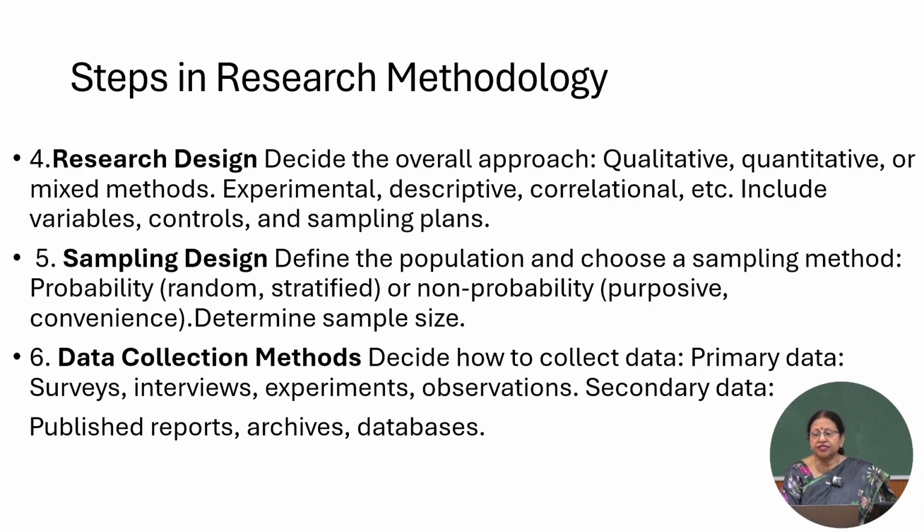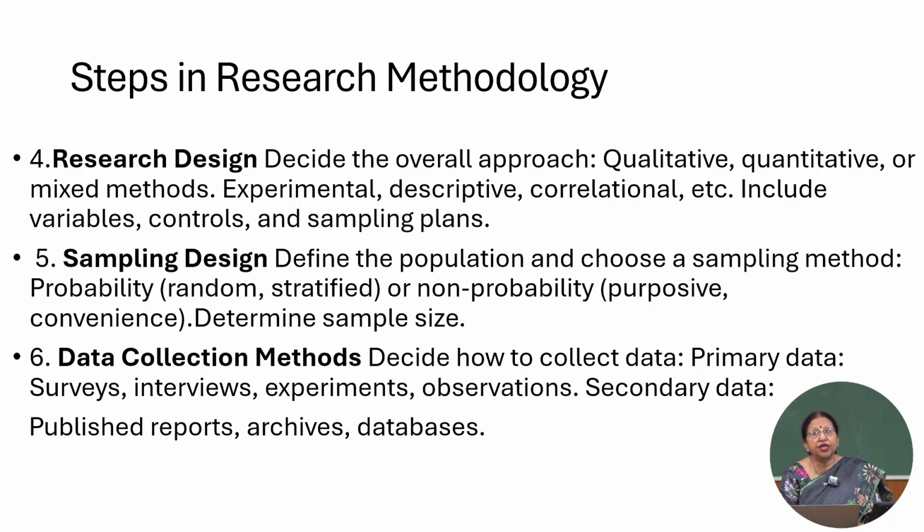It could be qualitative research, it could be quantitative research, but whatever you have decided to do based on the topic that you have chosen, you have to now make a plan whether you want to go ahead with experimental, do you want to do descriptive, do you want to do correlational research, and so on.